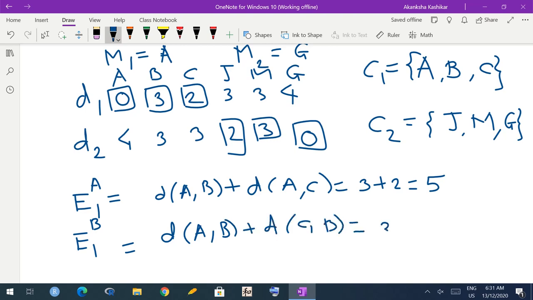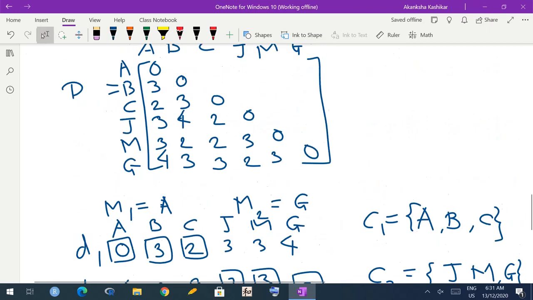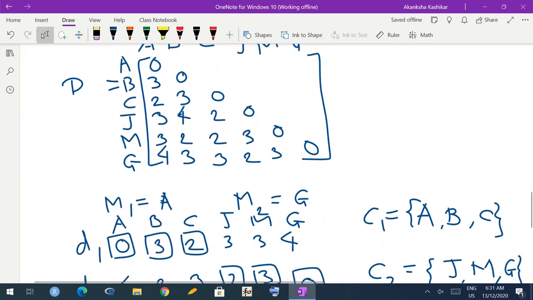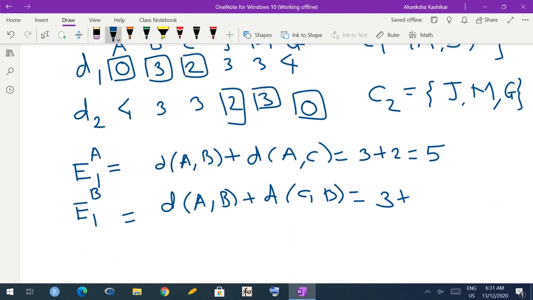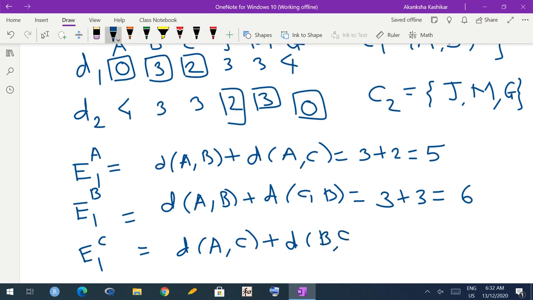So apple banana we know is 3 and chiku banana is again 3. Okay. So it is 3 plus 3, which is 6. And error of first cluster with respect to chiku would be distance of apple chiku plus banana chiku.